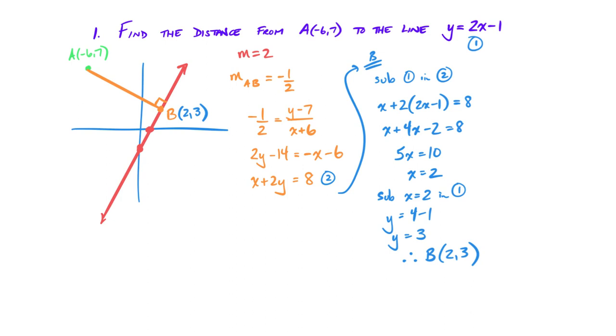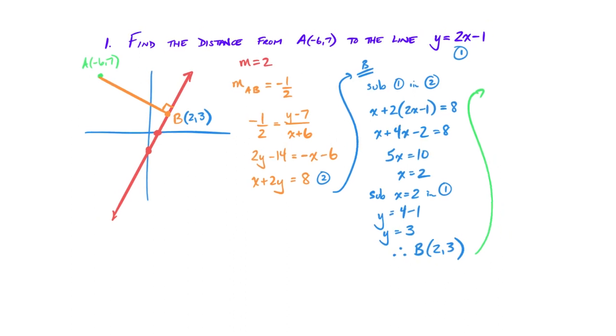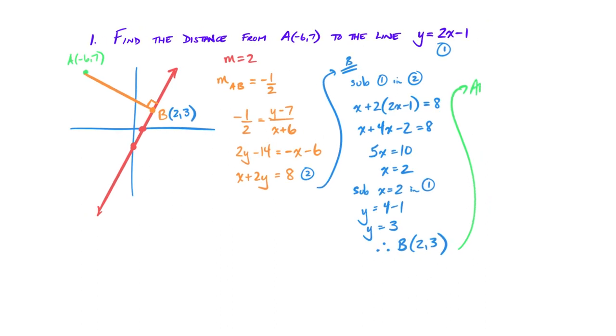Okay. I've now come up with the value for B. I now need to come up with the length of the line segment. How far is it from A to B? So I am just going to come up on that right side. For me to go through now and find the length of AB, well, I can just use my Pythagorean theorem or my length of a line segment, however you want to choose that.